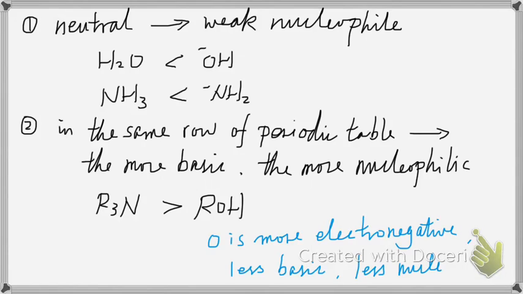Oxygen is more electronegative, so it will hold the electron density tighter. The electrons will be less available to attack on something else. As a result, alcohol will be less basic and less nucleophilic. So, in the same row of the periodic table, nucleophilicity and basicity follow the same trend. They are pretty much the same.